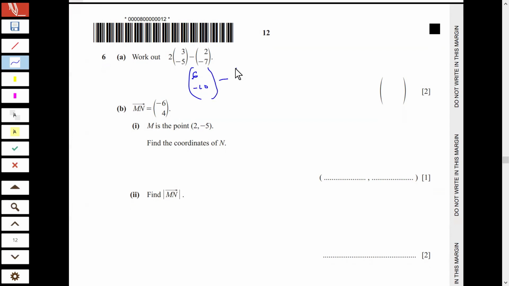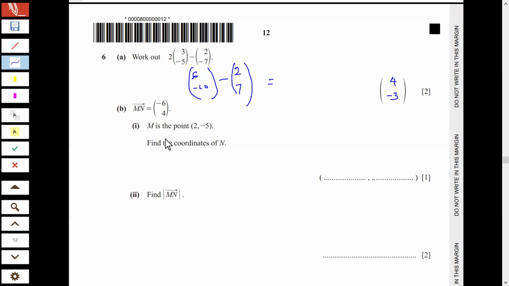Minus, we've got a column vector of 2 to 7. So we can actually now say 6 minus 2 will give us 4. Now, -10 minus 7 will be -17. So that's it for question 6a.